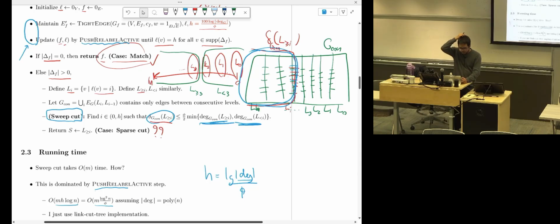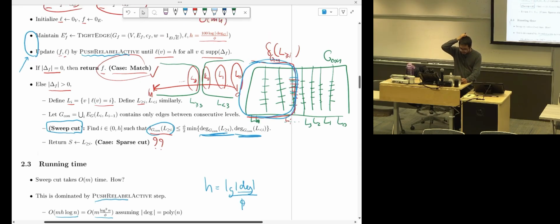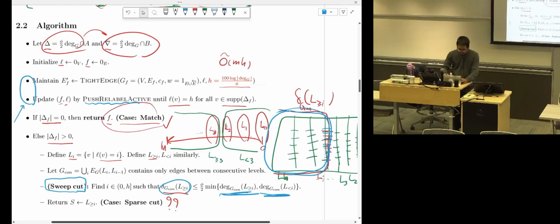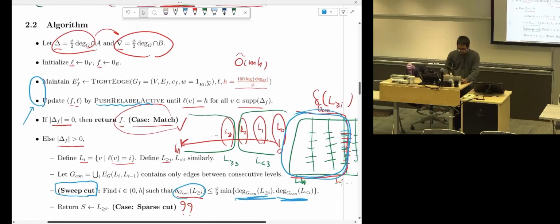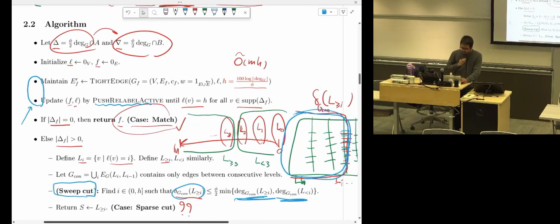So why do I use link cut tree? The reason I use link cut tree is because the graph itself is capacitated. But suppose that this graph has unit capacity.